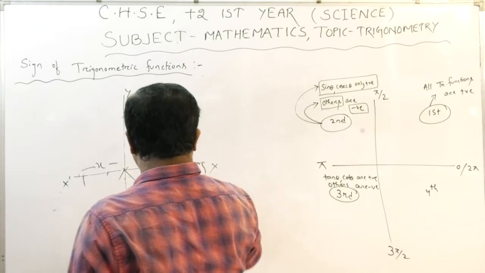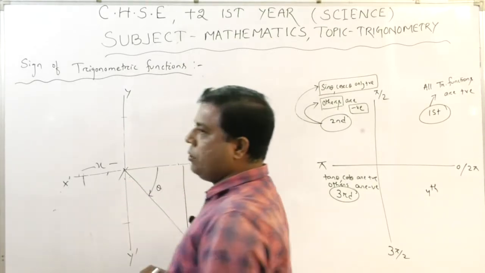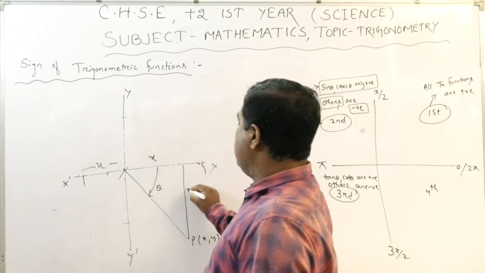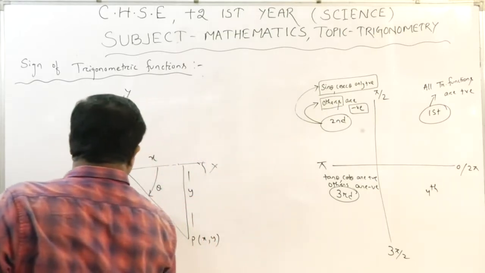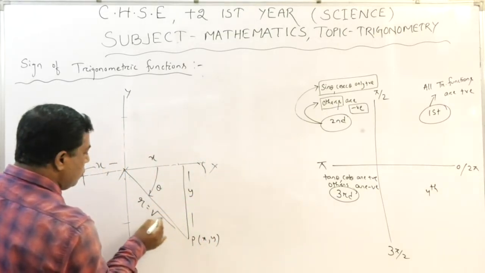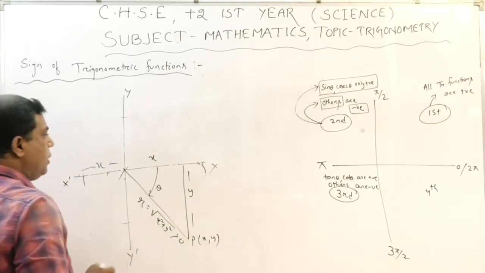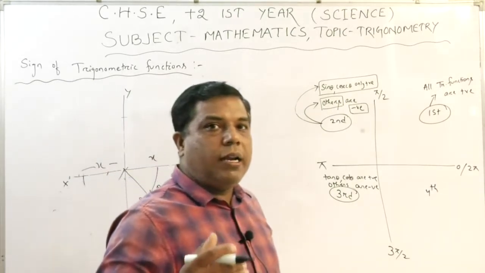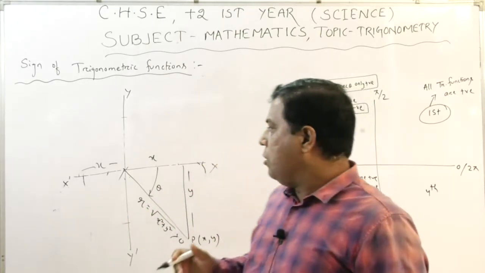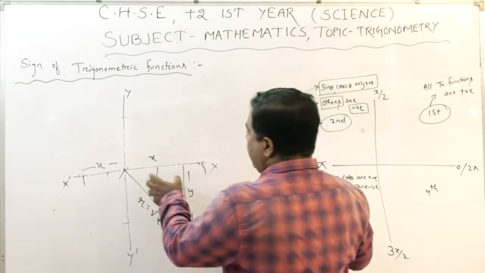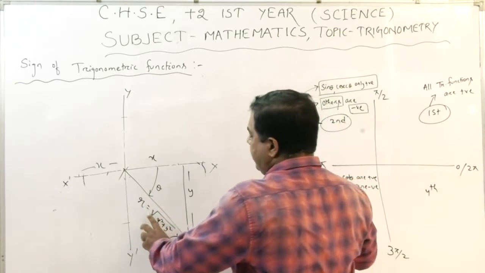Let this be P. Okay, dear students, this is your x, this is y, this is r, and it is root under x square plus y square, which is greater than 0. So in the fourth quadrant, x is positive, y is negative, and r is positive.